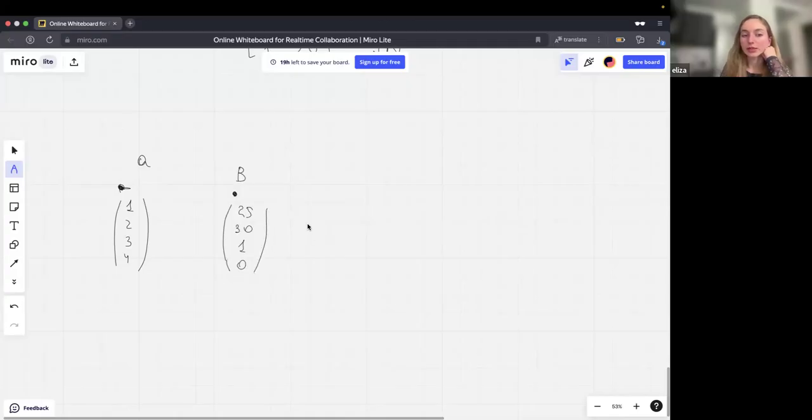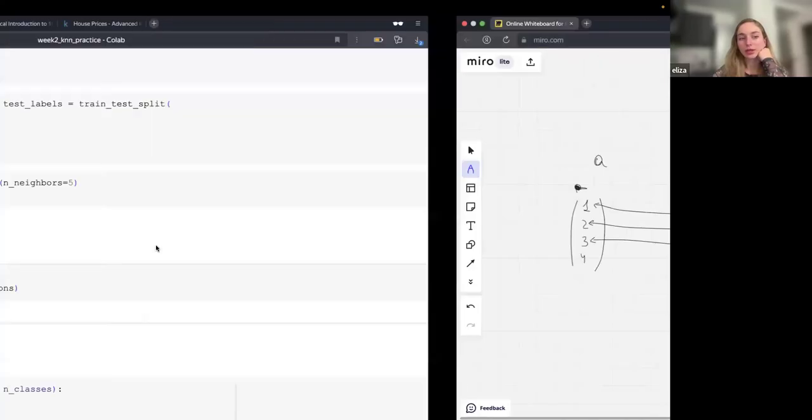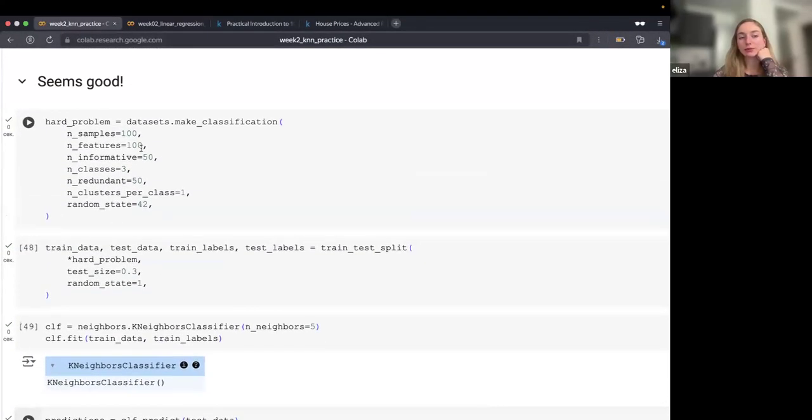When you calculate distance, you get the sum of differences between this and this value, this and this, and so on. What's the problem? If we have really lots of features, why can the neighbors classifier work worse?